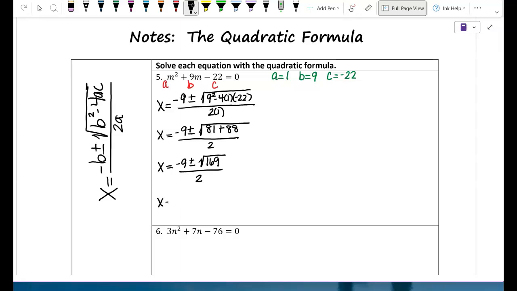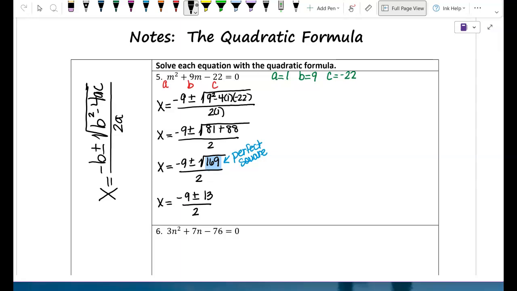What is the square root of 169? Yeah, it's a perfect square. This number here is a perfect square. Now, they all won't be a perfect square, but just because it's one you may not recognize, make sure you check. So negative 9 plus or minus 13 divided by 2.